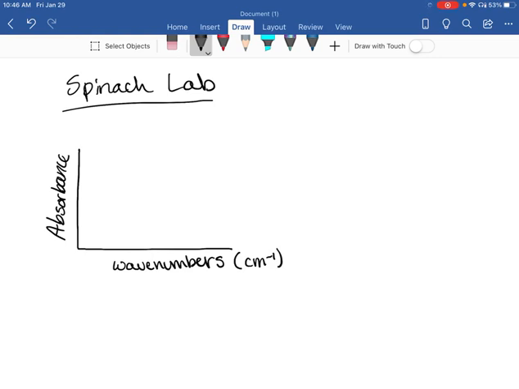So you might see, let's say, something like this, and this is going to tell you what colors are absorbed and which colors are not absorbed or transmitted by a particular sample.